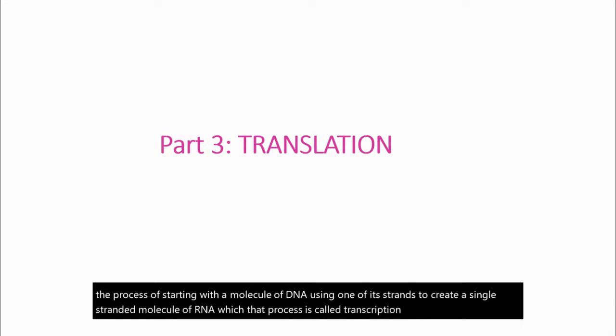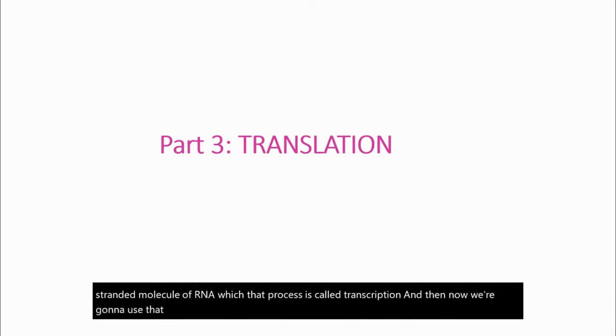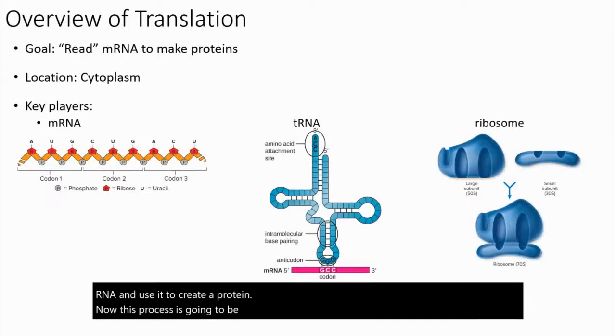And then now we're going to use that piece of RNA, specifically the messenger RNA, and use it to create a protein. Now, this process is going to be called translation because it actually requires us to change languages.